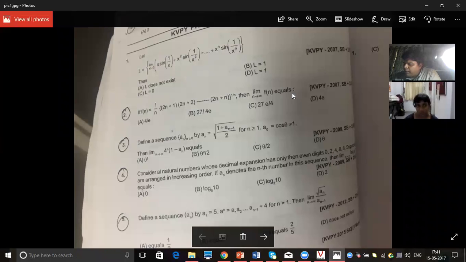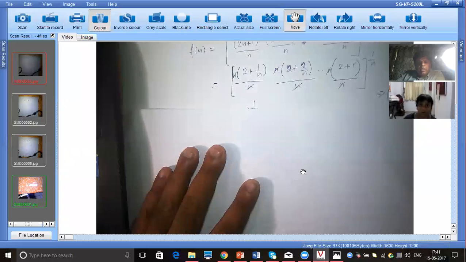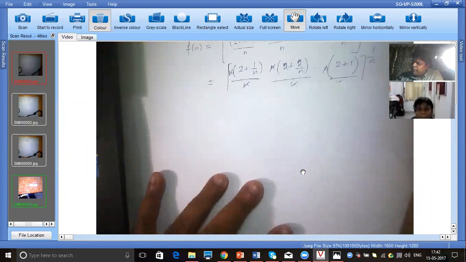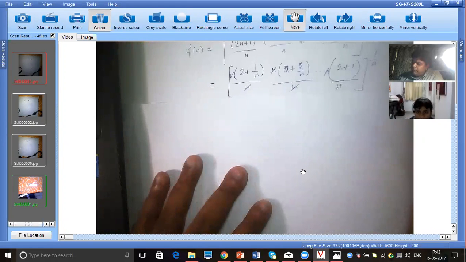And then that became 2 plus 1 by n, 2 plus 2 by n, and so on up to 3. Just to do a sanity check, are you able to see? Sorry, can you put the camera on the paper? Now we are at this point where we have brought the n in.